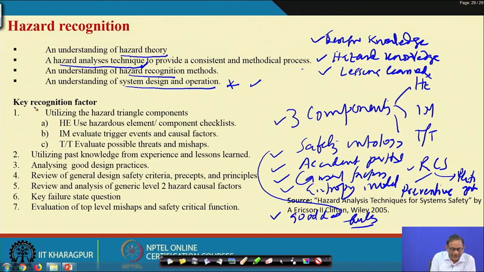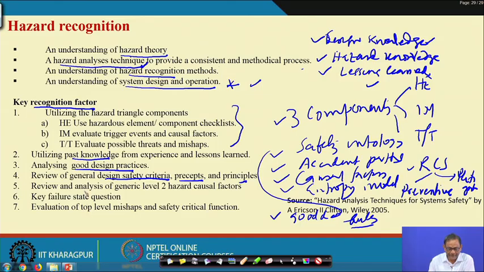Now, what are the key recognition factors? Utilizing the hazard triangle, you have understood now. Utilizing past knowledge, I told you already. Analyzing good design practices, this knowledge is important. Review of general design safety criteria, perceived principles, it should come from engineering design.